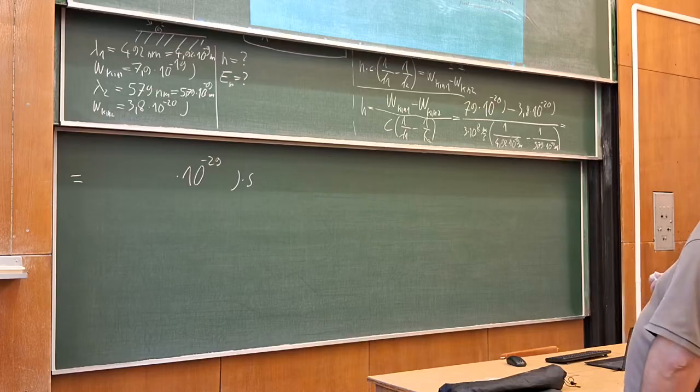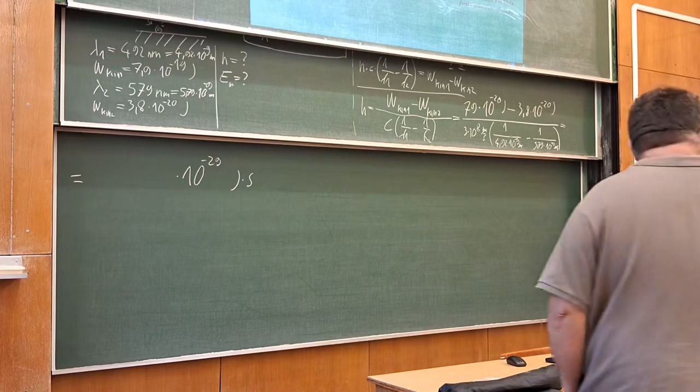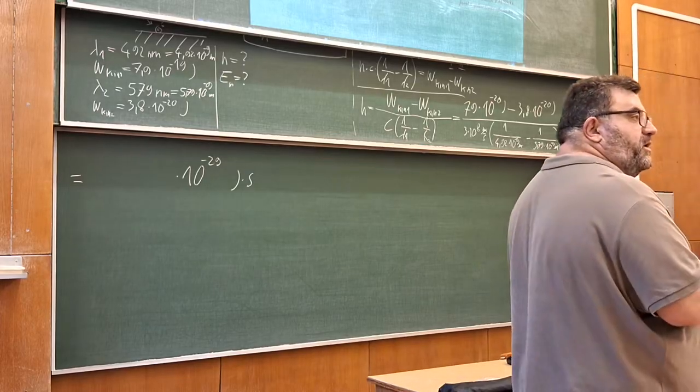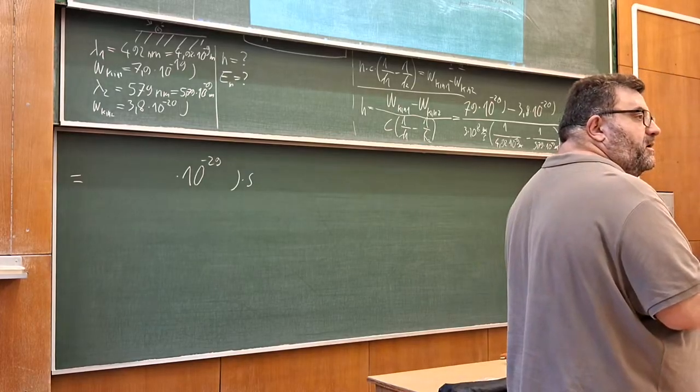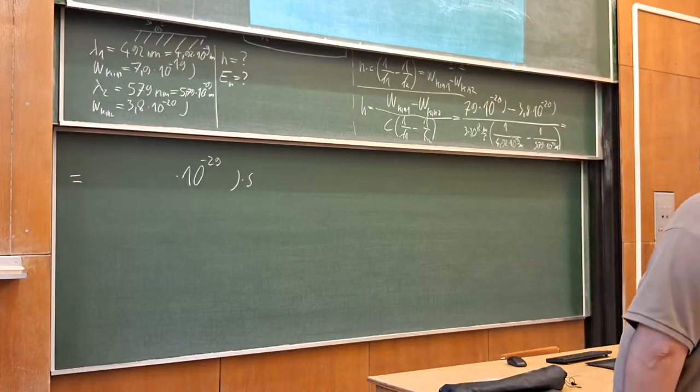What was the value of the Planck constant? 6.62, and then 10 to the minus 34. Then something is not good, or I don't know, we will see. Is it?